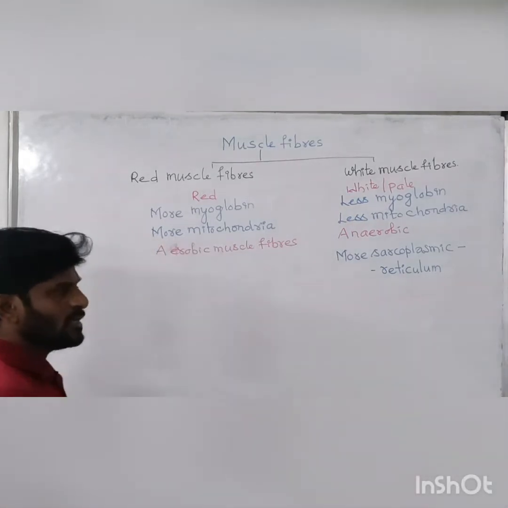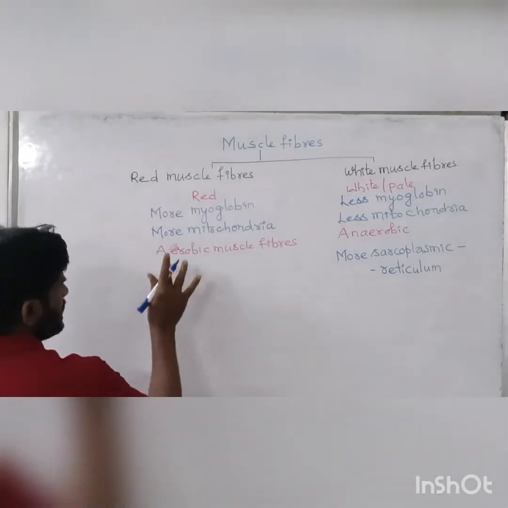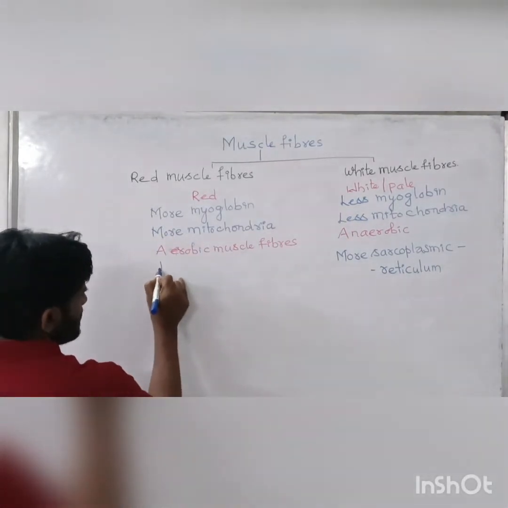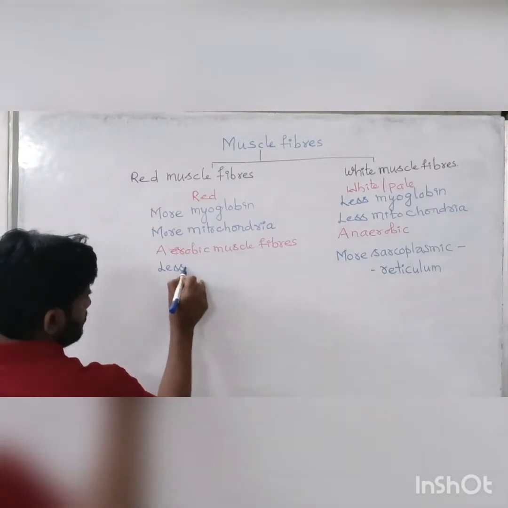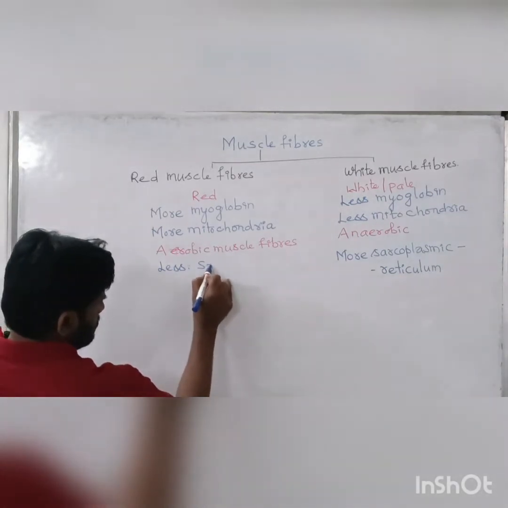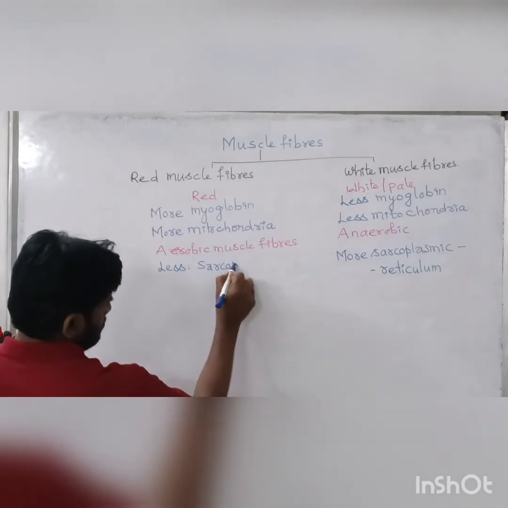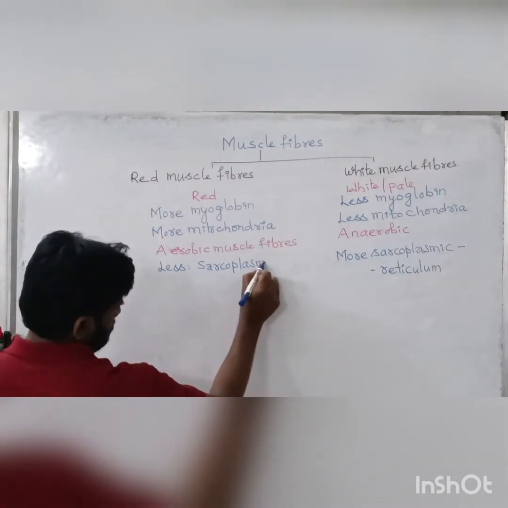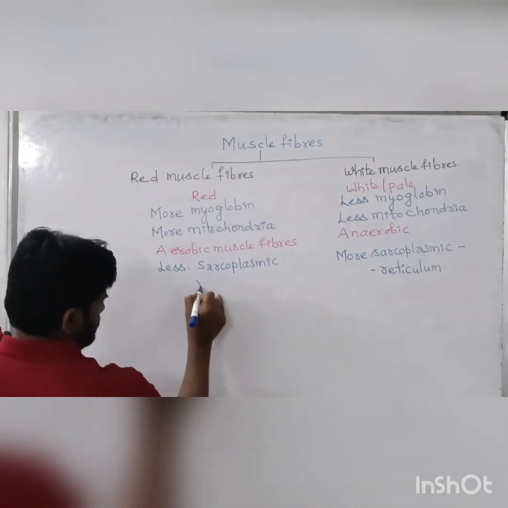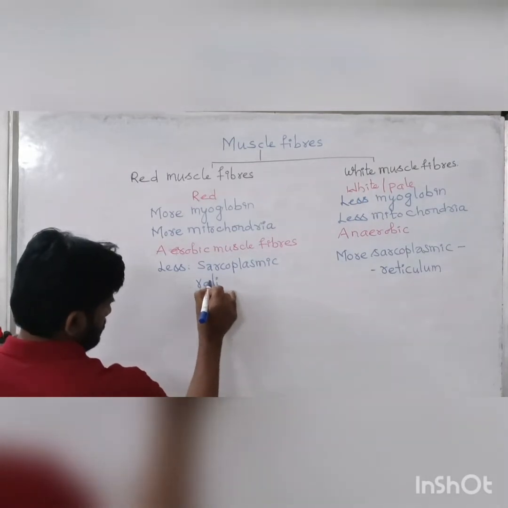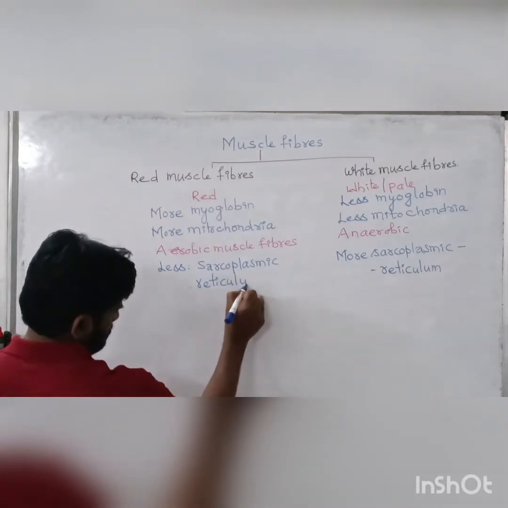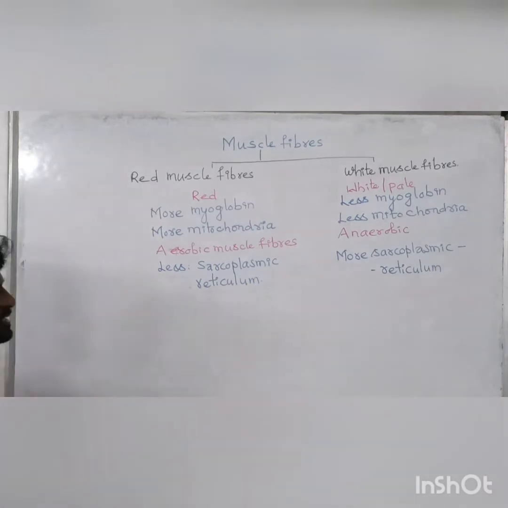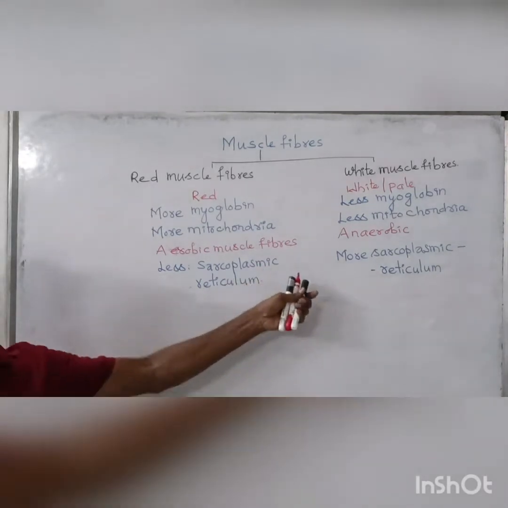White muscle fibers have more sarcoplasmic reticulum, but red muscle fibers have less sarcoplasmic reticulum.